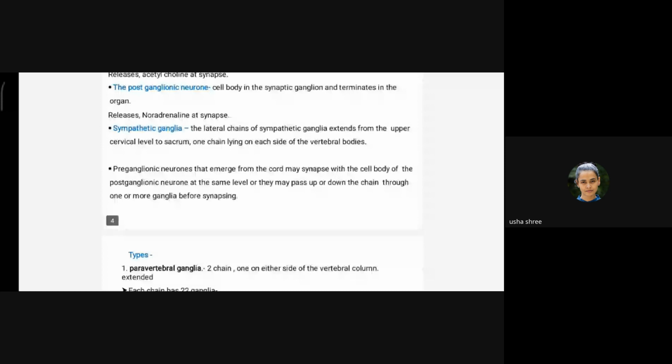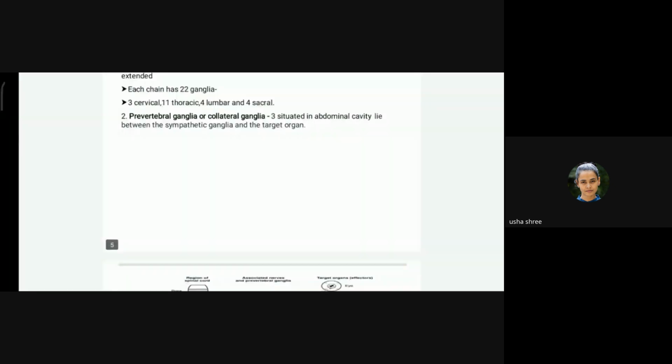Now, sympathetic ganglia. The lateral chain of sympathetic ganglia extends from the upper cervical level to the sacrum, one chain lying on each side of the vertebral bodies, right?